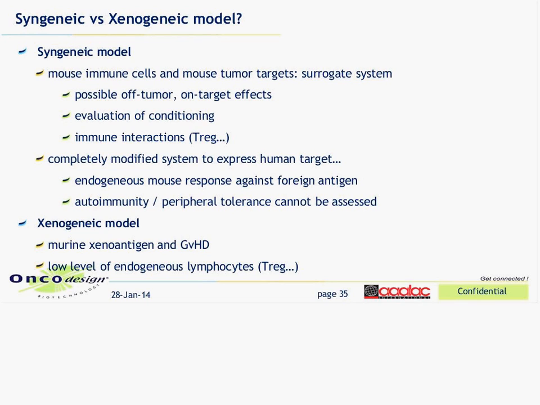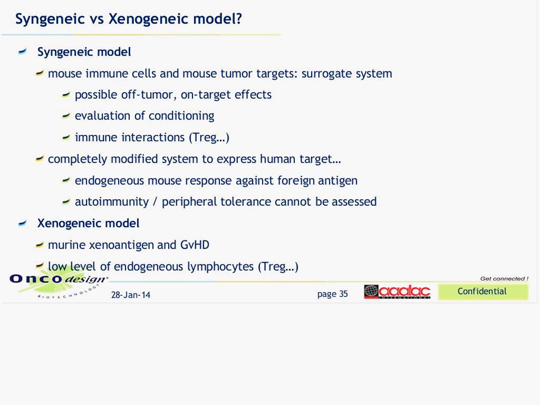The third model uses xenogeneic models where there is transfer of human transduced T cells, or the CAR T cells, in tumor-bearing, so human tumor-bearing, immunodeprived mice.